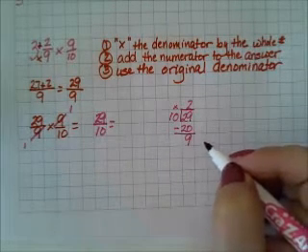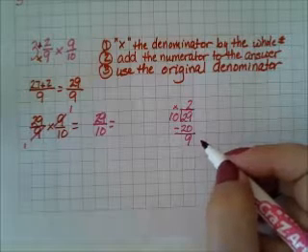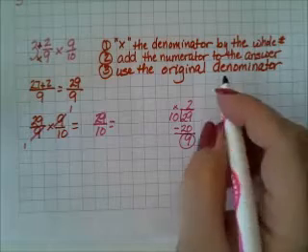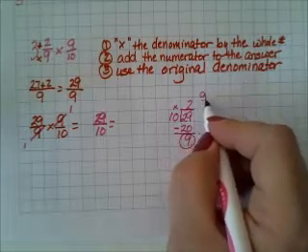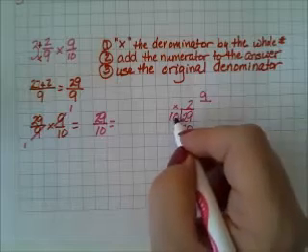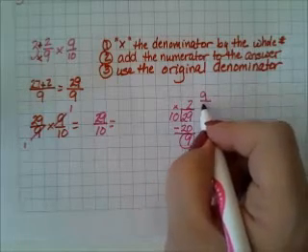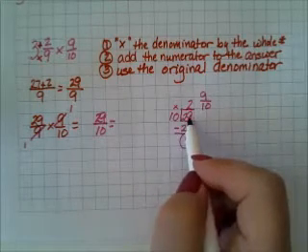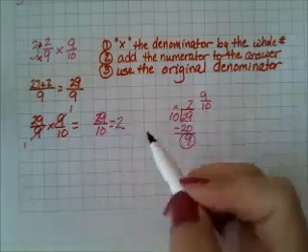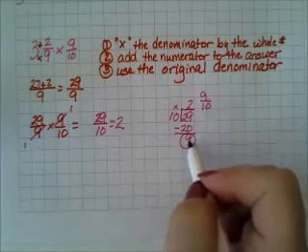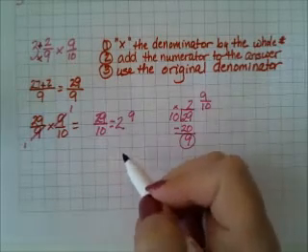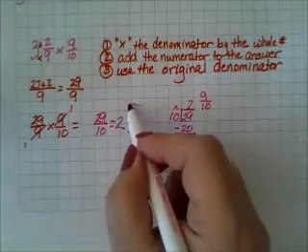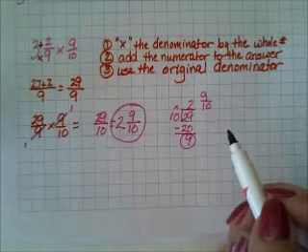Remember, how do we write the fraction part? We take our remainder and put it over our divisor, which is 10. So 10 goes into 29 2 times, that's our whole number, with remainder 9 over our original denominator of 10. So our answer is 2 9/10.